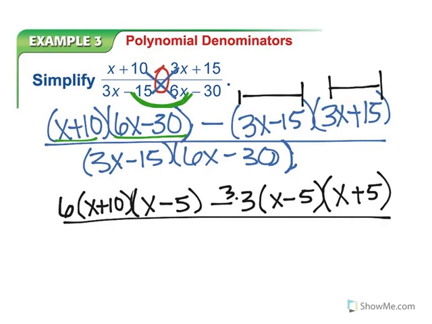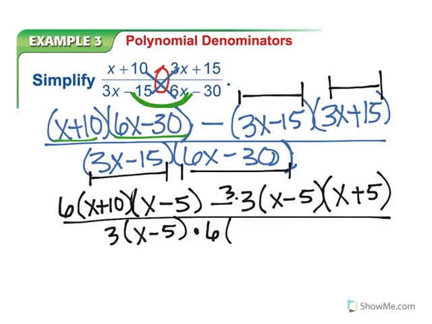And then in the denominator, we're going to do the exact same thing. Let's see, factor out a 3. We got 3 times x minus 5 times, and we can factor out a 6 here. 6 times x minus 5.